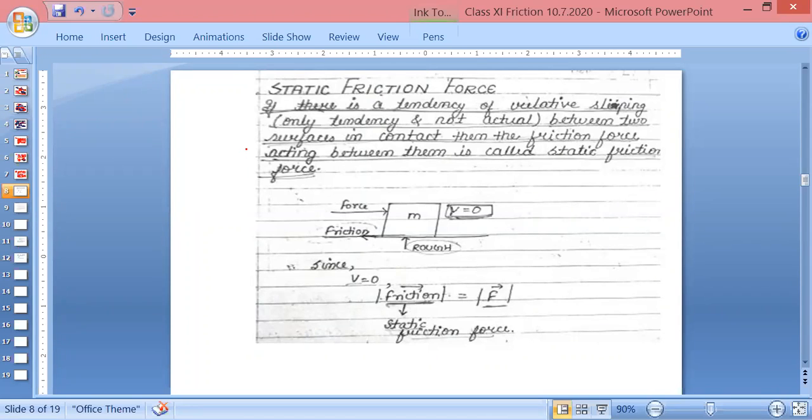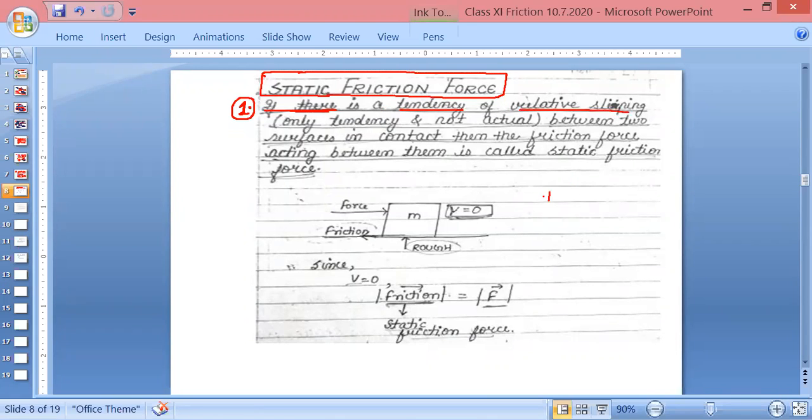So first I will take this static friction force. The first point for this static friction force is, if there is a tendency of relative slipping or motion.